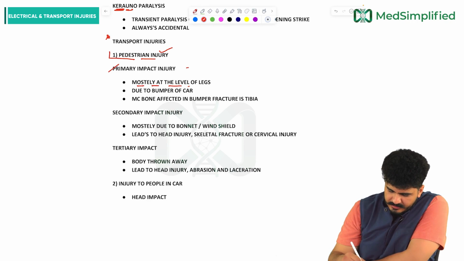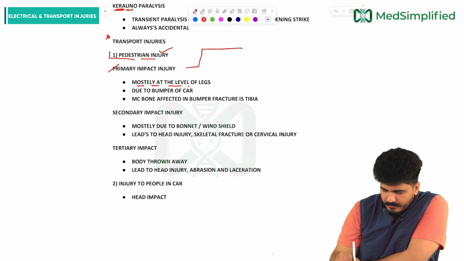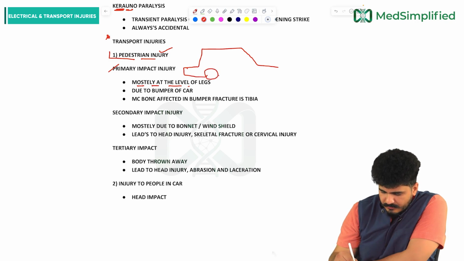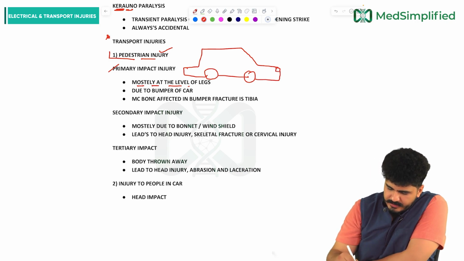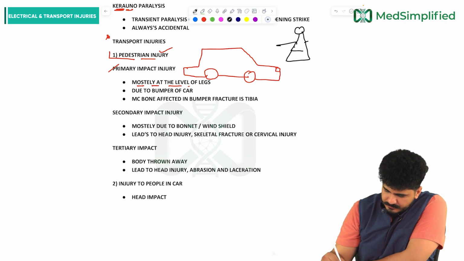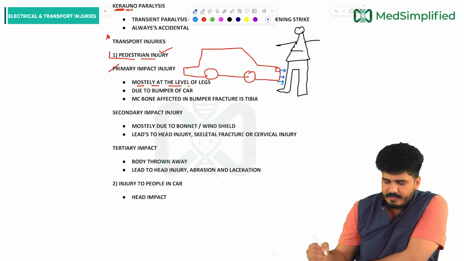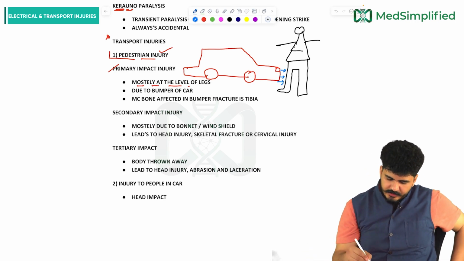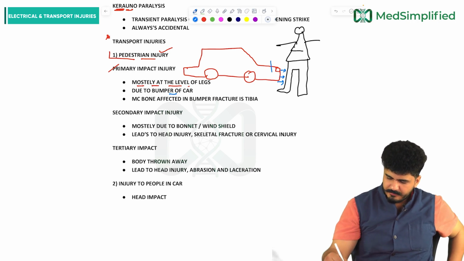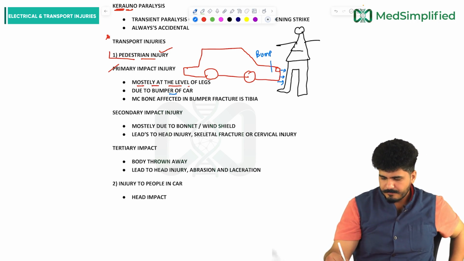If this is the car and the car is hitting the person, it will hit mostly onto the legs due to the bumper of the car. The legs will get hit.